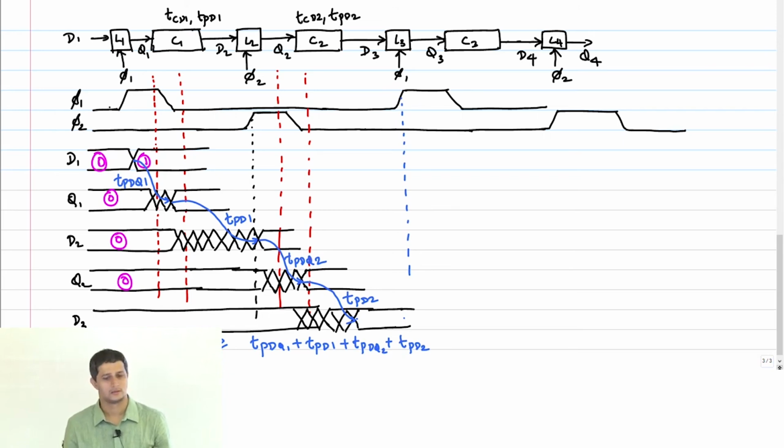Okay. Now let's try to analyze the min delay constraint. When can D1 change first of all? After the, correct. The time is not T_C.